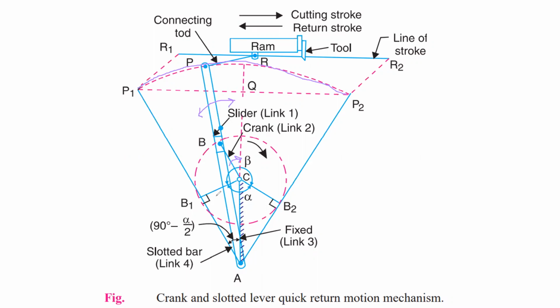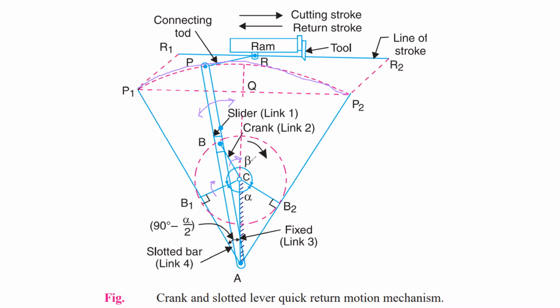Now from point B1, when the crank rotates like this, the lever will move from point P1 to point P2. The crank will move from point B1 to B2 through angle beta.